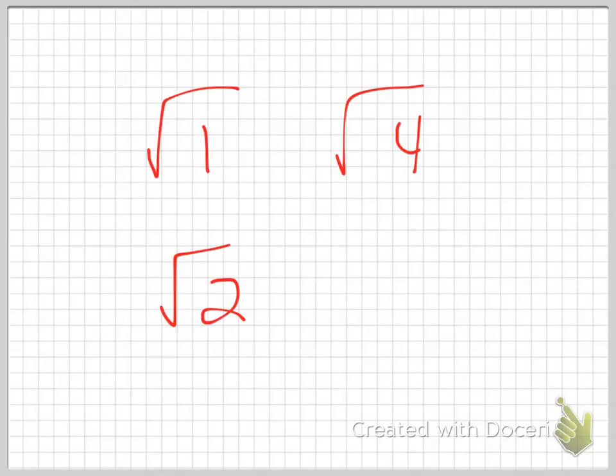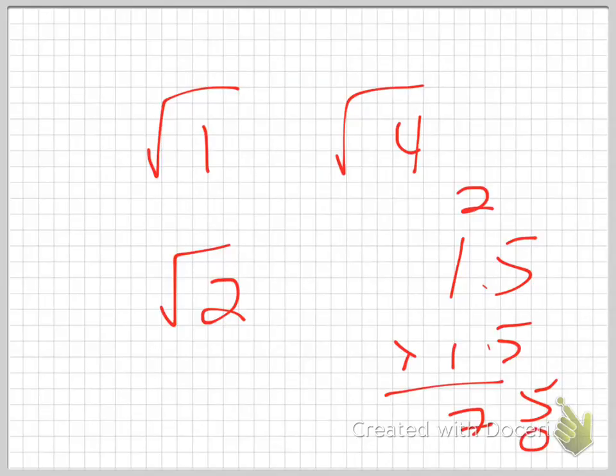What number times itself is 2? Well, 1.5 times 1.5 ends up being 2.25. So that's not it. What other number? What else do you want to try? 1.25. Let's try 1.25.